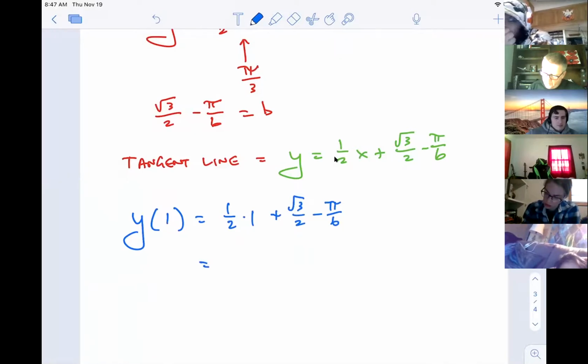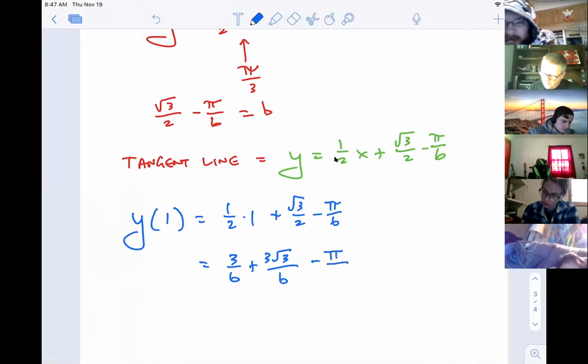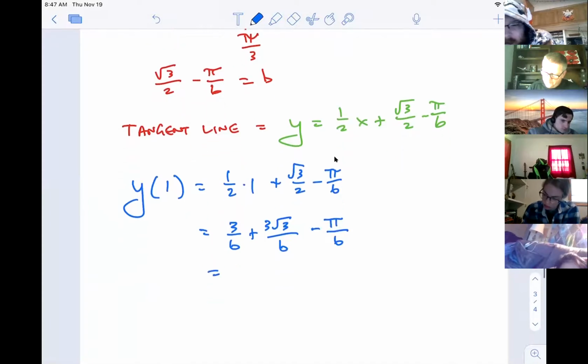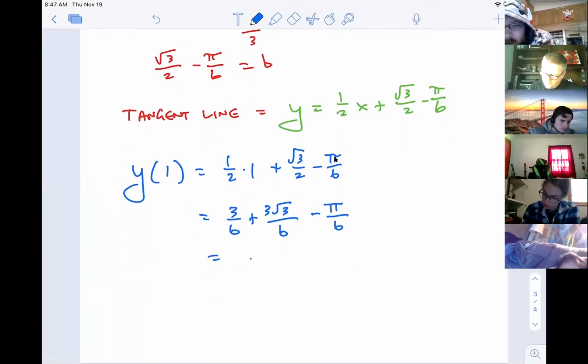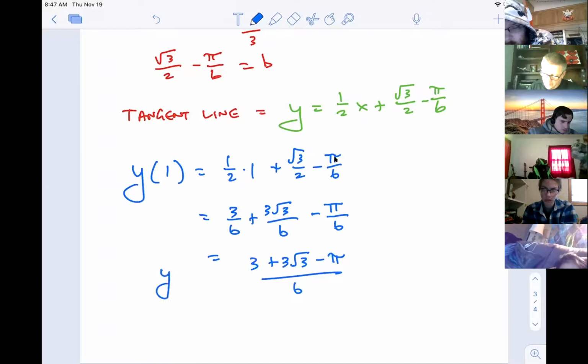So I think I will make everything into common denominator. So y of 1 is this, which is a darn good approximation for the sine of 1.